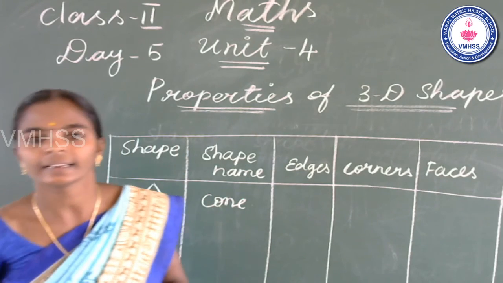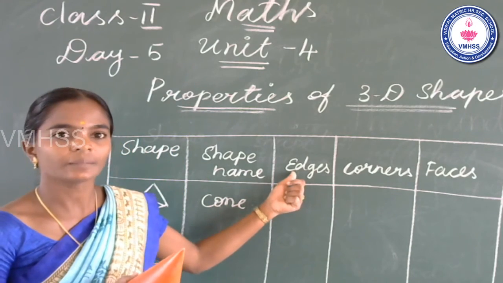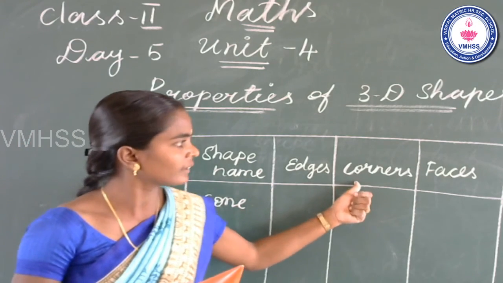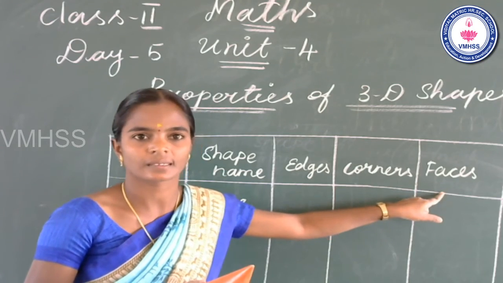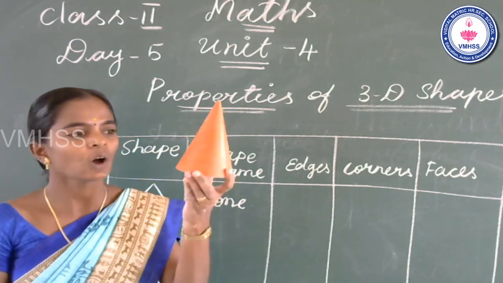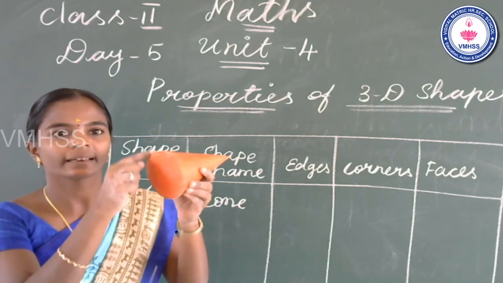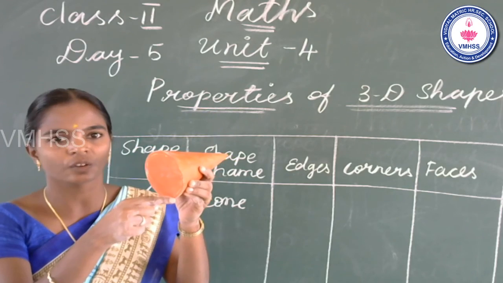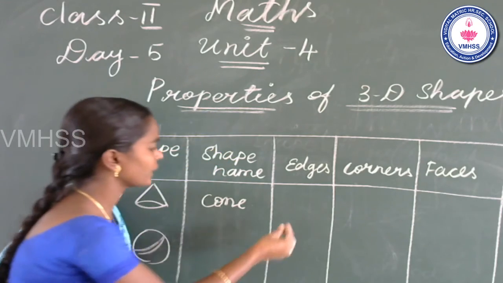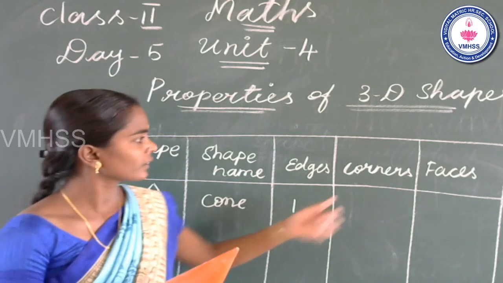Students, listen here. Next column edges, next corners, next faces. How many edges in a cone shape? 1. Okay, only 1 edge is given. So edges 1. Next corner.